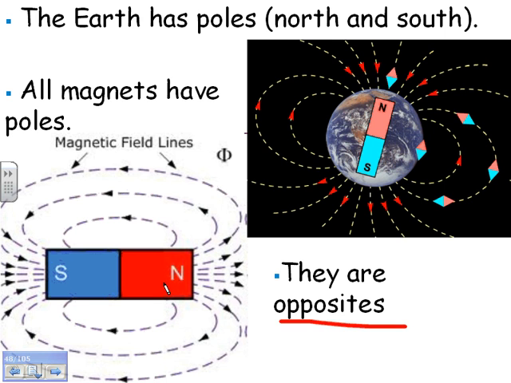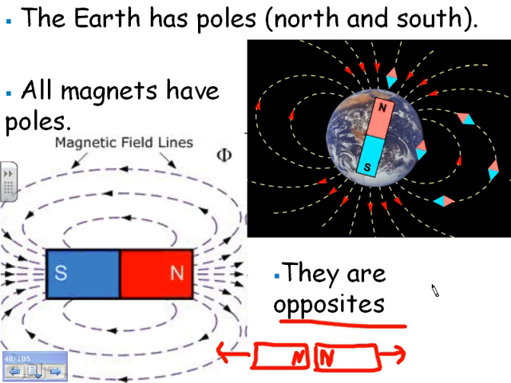The north pole is opposite from the south pole, and you can tell that because if you take two magnets, and here's one magnet, and let's say this is the north side of it. Do you know what happens if you take another magnet and put its north side to it? Hopefully you remember this from a younger grade. They repel each other.